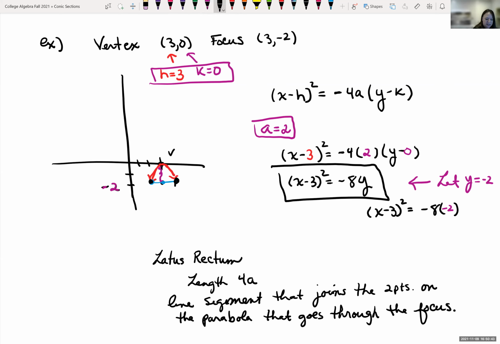So we get x minus 3 quantity squared equals 16. So let's take the square root of both sides. We get x minus 3 equals plus or minus the square root of 16, which gives us back 4. Now, if we add 3 to both sides, we're going to get 2 separate numbers. If we add 3 to +4, that gives us 7. And if we add 3 to -4, that gives us -1.